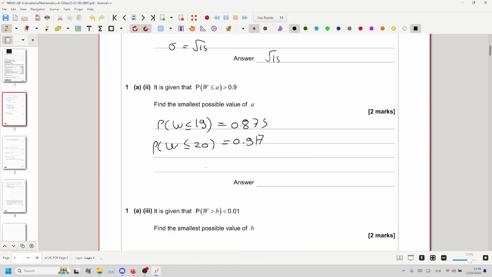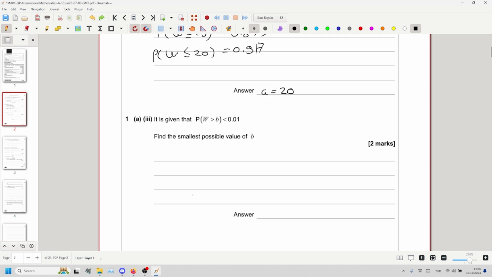So we can say that the smallest possible value of a is equal to 20. This is where the 2 marks in this question come from, so we have to be careful with which values we specify.